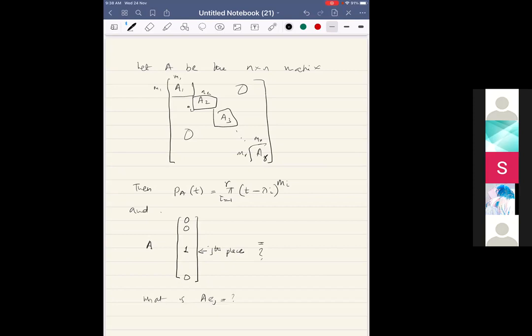A e_j is going to be a column vector. What you have suggested is a matrix. I'm replying to Ishan. Ishan, A sub j is an m_j cross m_j matrix.